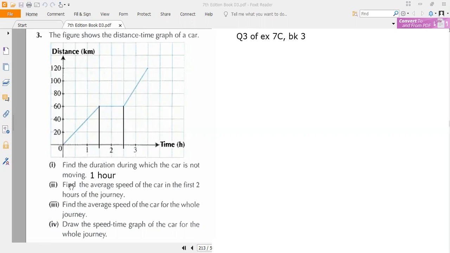After that, find the average speed of the car in the first 2 hours of the journey. They are using the words average speed.